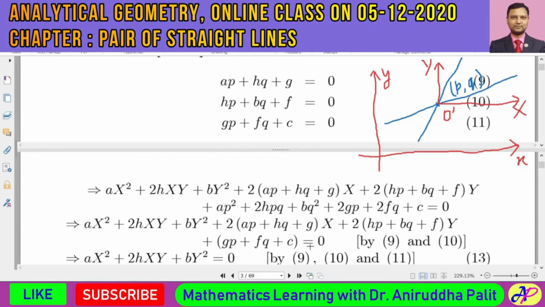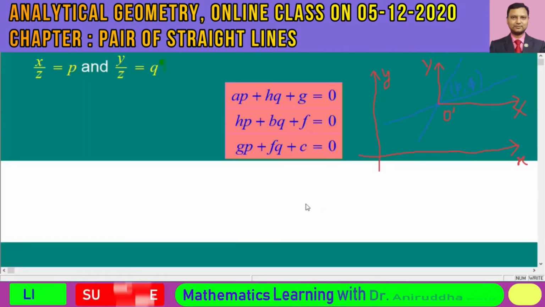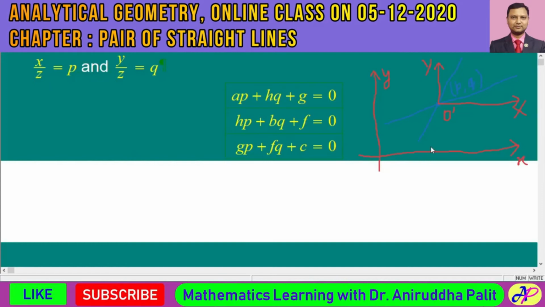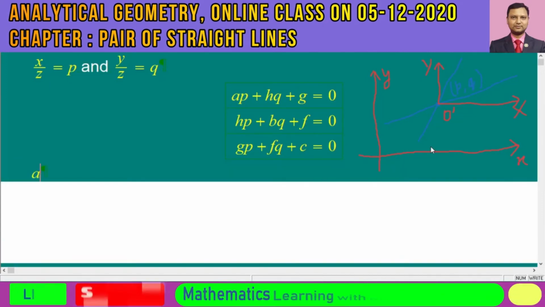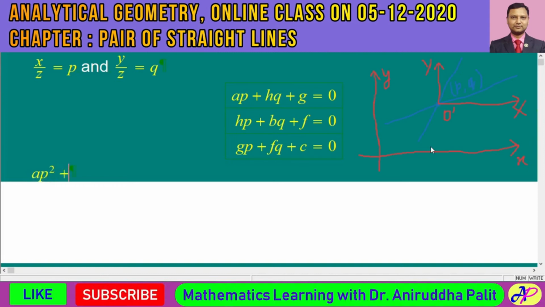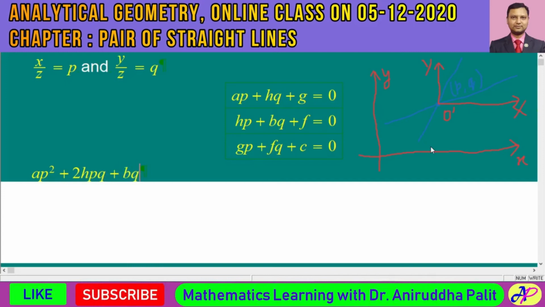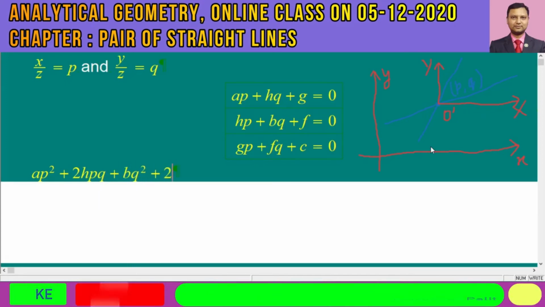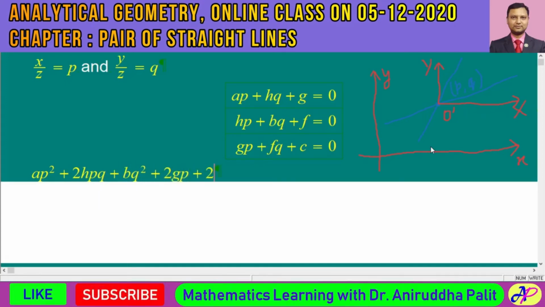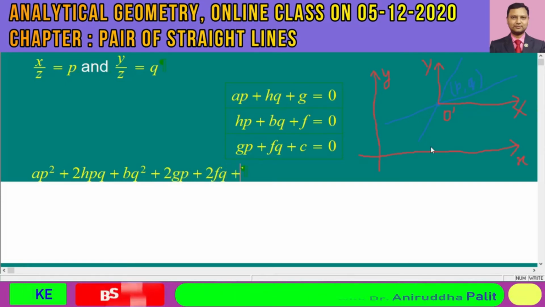And what is this expression? a p square plus twice h p q plus b q square. Let me write it over here. You see, over here I am writing the expression a p square plus twice h p q plus b q square plus twice g p plus twice f q plus c.